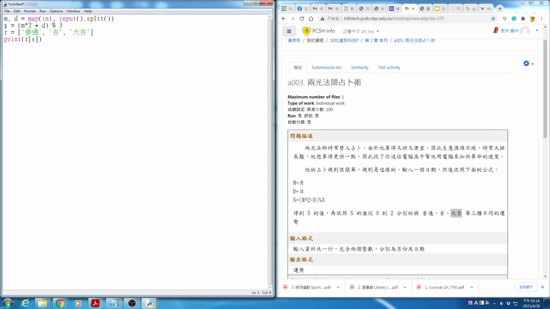If you have the value of S as 1, then R[S] will be R[1], which is good. If you have the value of S as 2, then R[S] will be R[2], which is very good. Do you know what I'm talking about here? And this is the answer to the third problem. Is that okay with you?